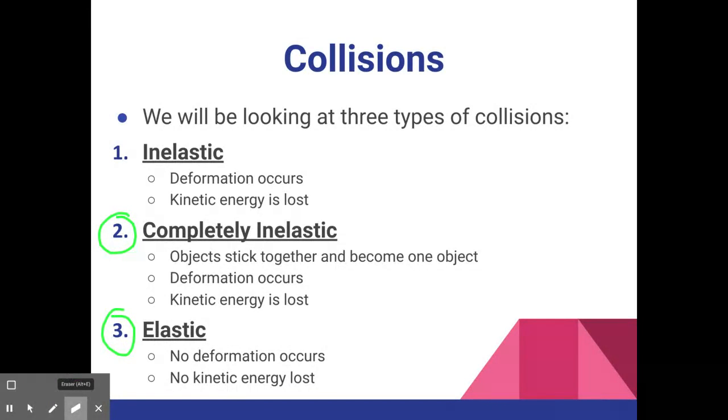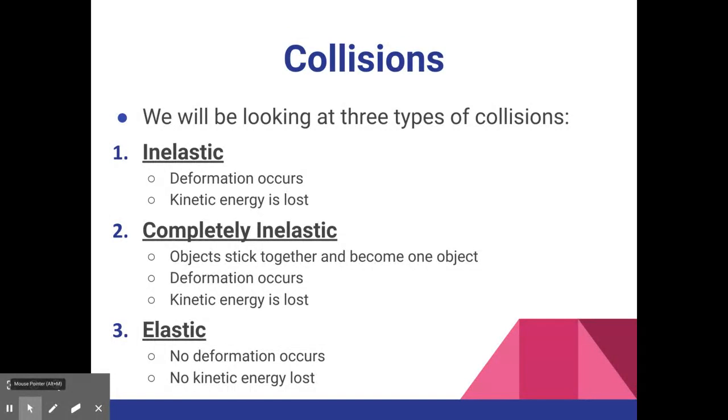Now, as we'll see in the next slide, most collisions in the real world are inelastic. There's deformation of your objects, kinetic energy is lost, and a lot of times objects bounce off of one another. They don't become one solid object. There are obviously quite a few that do merge.